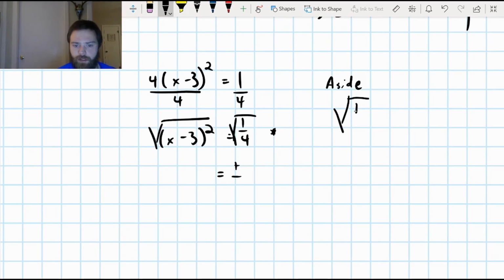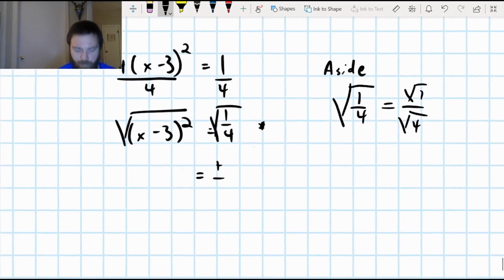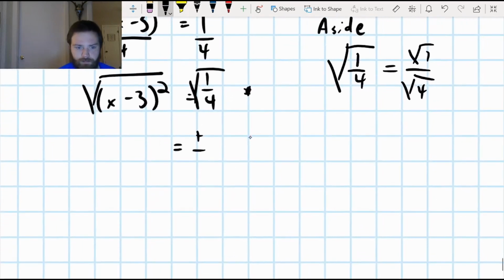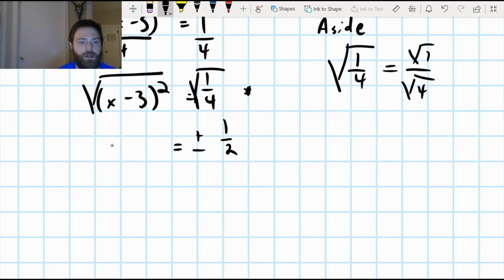The square root of a fraction is going to be equal to the square root of the top of that fraction divided by the square root of the bottom of that fraction, okay? So keep that in mind. So if I take the square root of 1 and the square root of 4, I'm left with plus or minus 1/2, okay? And over here, I'm left with x minus 3. So if I add 3 to both sides, I get 3 plus or minus 1/2.